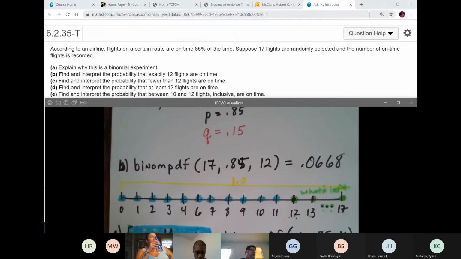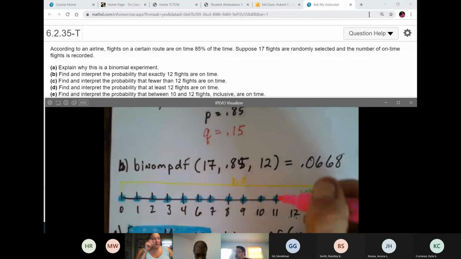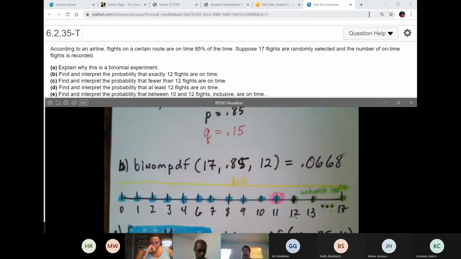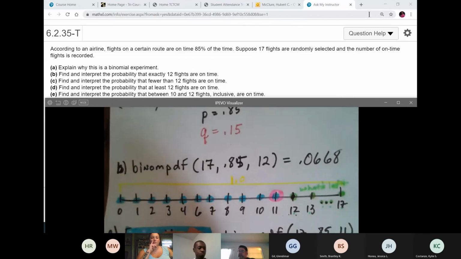So you're not going to use 10 and 12. You're just going to use 11. So I'm going to take my handy dandy pink highlighter. The only number between 10 and 12 is 11. So you're going to do CDF 17.85 and 11. So I'm going to write that on the next page.